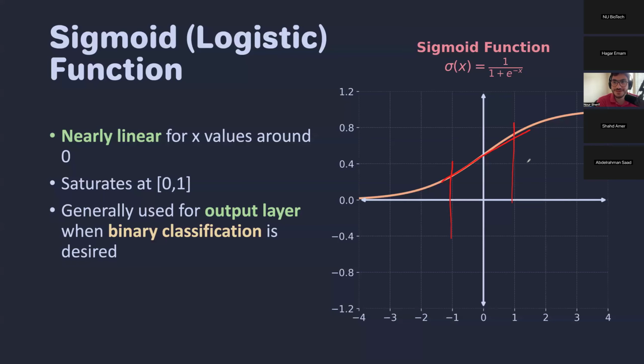Yeah, but the entire idea of using an activation function is we're trying to introduce nonlinearity, right? If a good part of your function, which is around the 0, is fairly linear, we're not really introducing any nonlinearity.